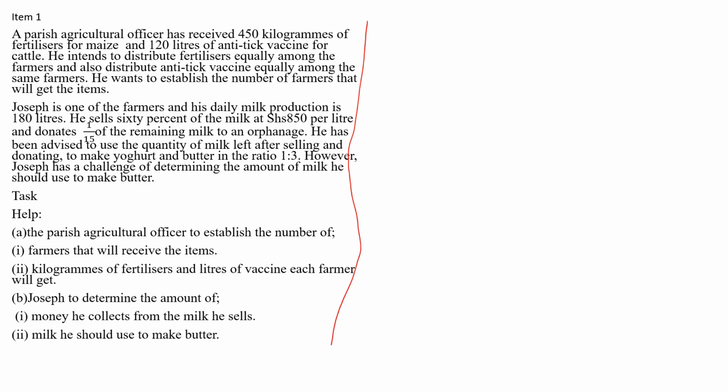Now let us start with part A. Now this first paragraph is all about distribution. When you see distribution in mathematics, then you just know that you'll now use GCF. So we shall apply the concept of greatest common factor to distribute what we have.